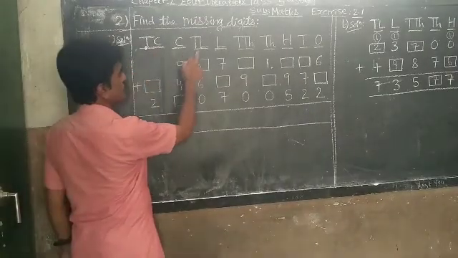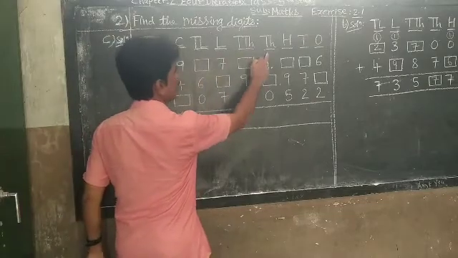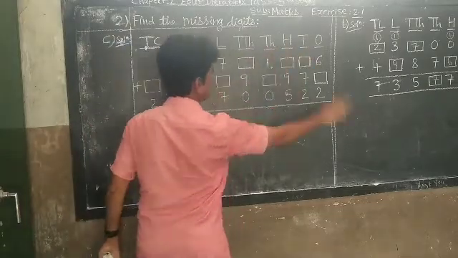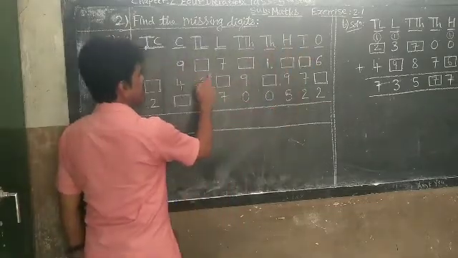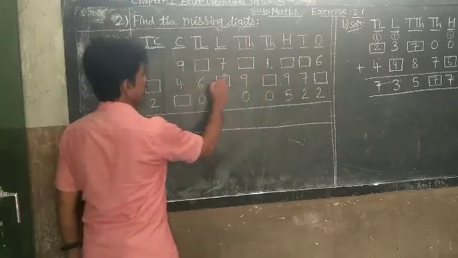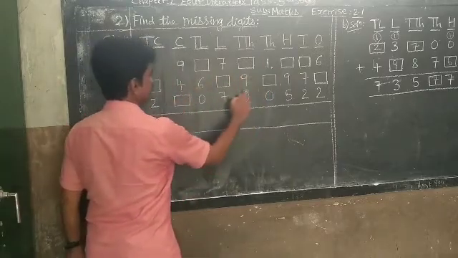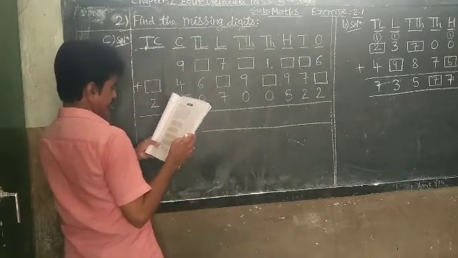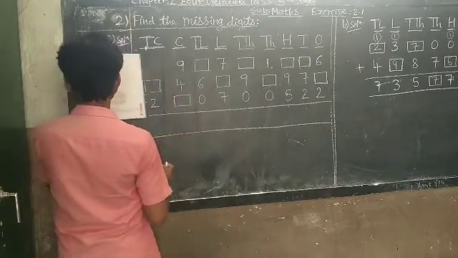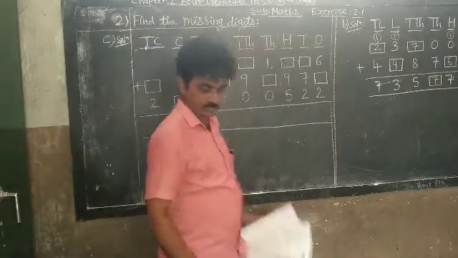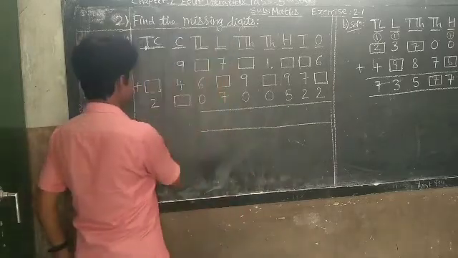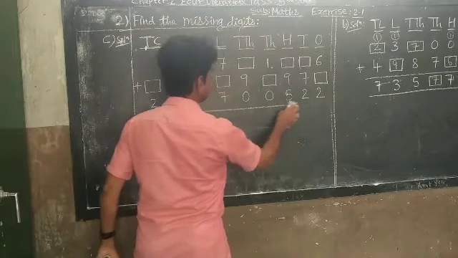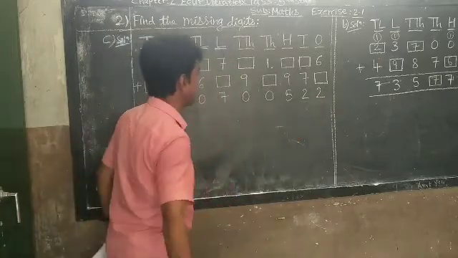10 crore, 10 lakh, 10,000, 1,000, 100, tens, ones. And the addends are given. These are the addends. Only two addends and a sum are given.